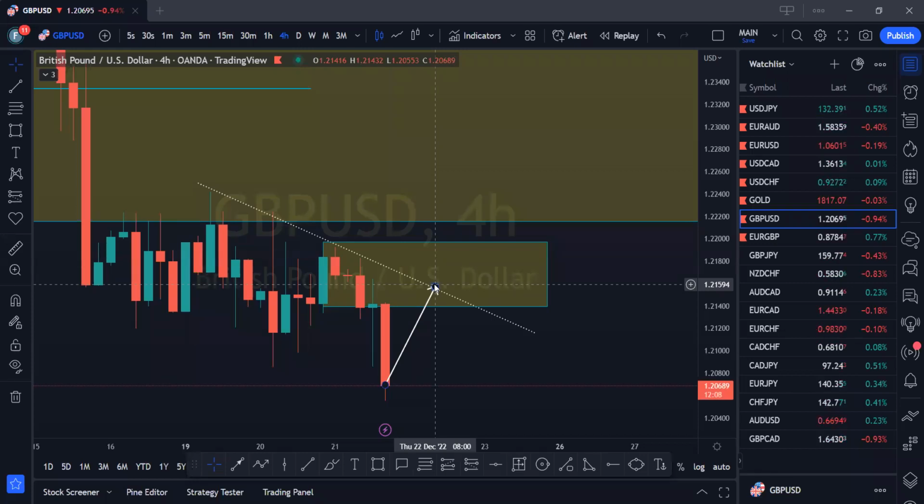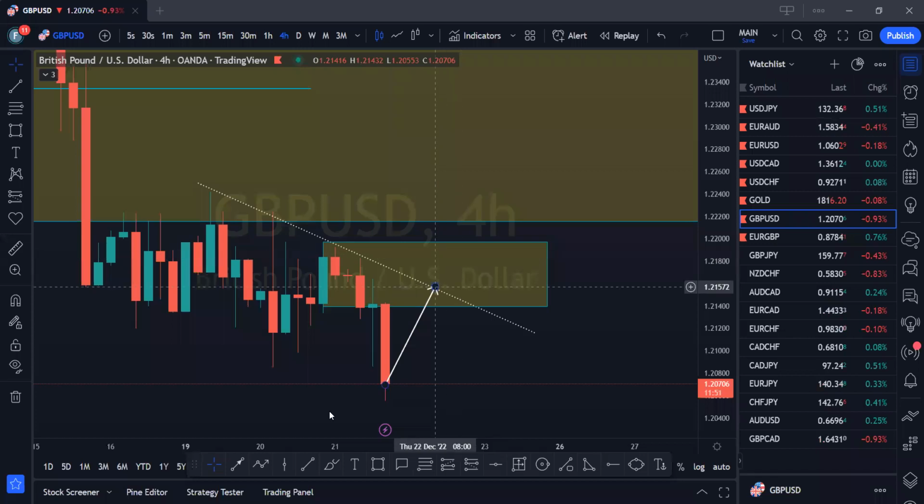Wait for liquidity grabs. If after there's a grab of liquidity you see a very, very solid setup on that lower time frame, then you can take that trade. Okay, you can take that trade.